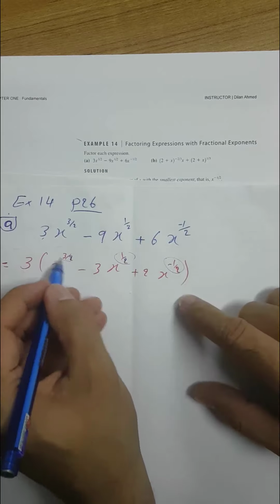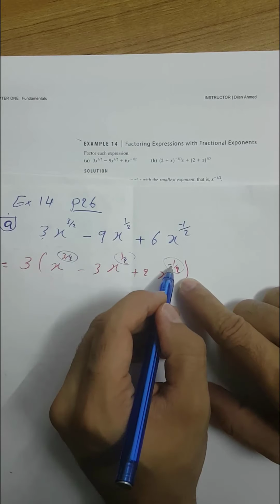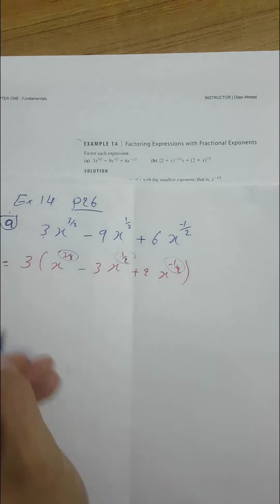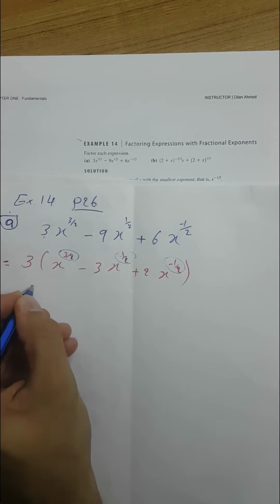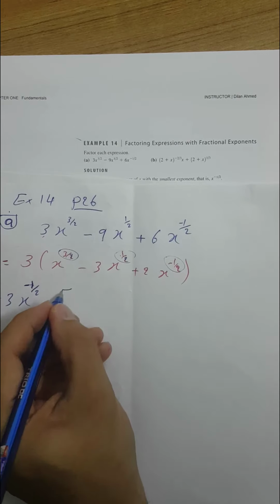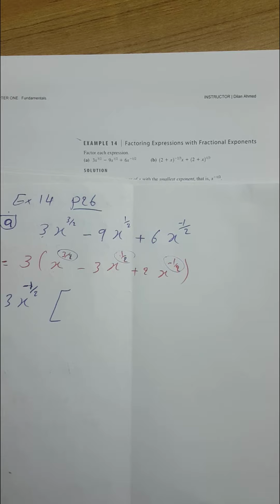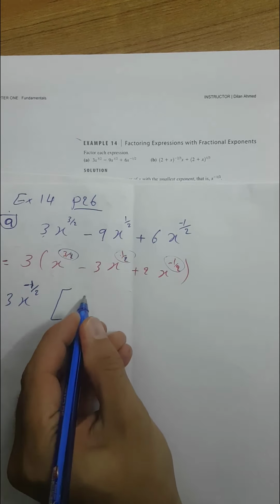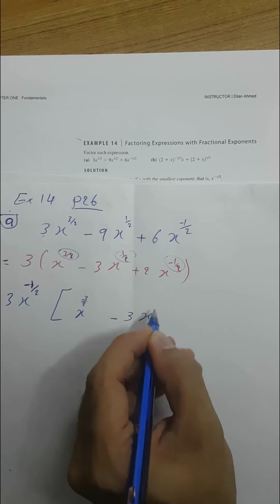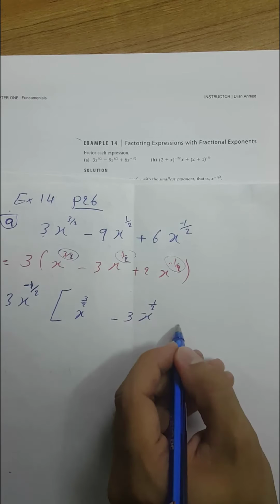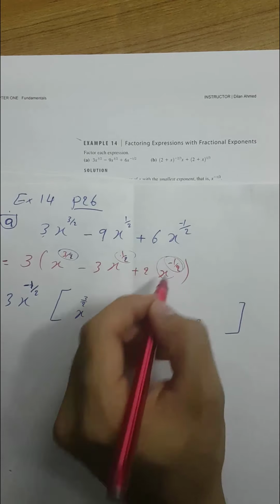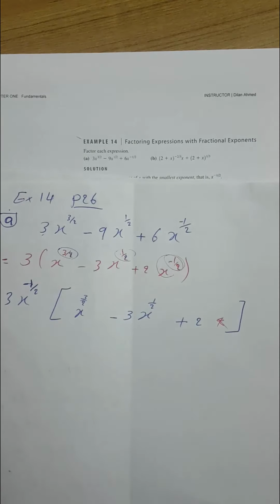So between these exponents, 1 over 2, minus 1 over 2, and 3 over 2, which of them is the smallest? Surely minus 1 over 2. So I will take the smallest exponent. Now it remains, I will write all of them as we have, and I will cancel the smallest one. There is nothing.